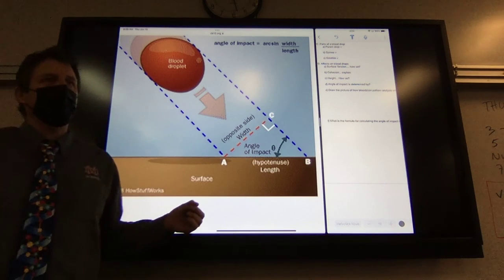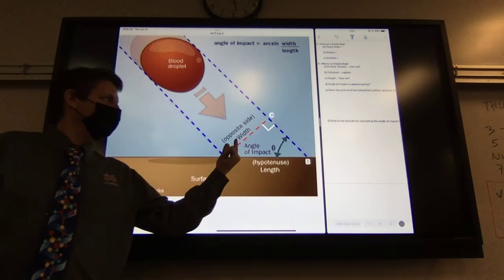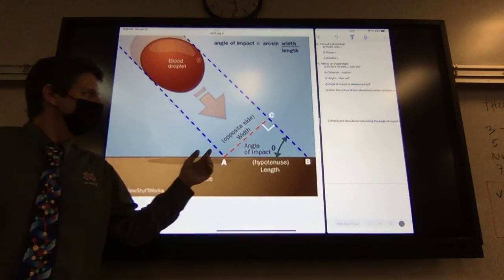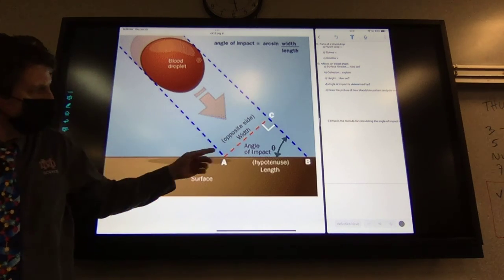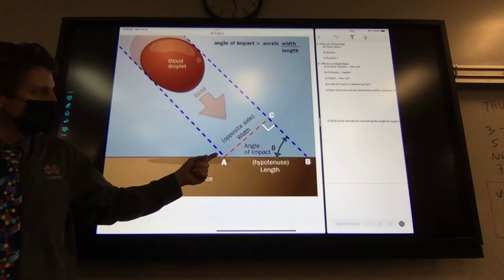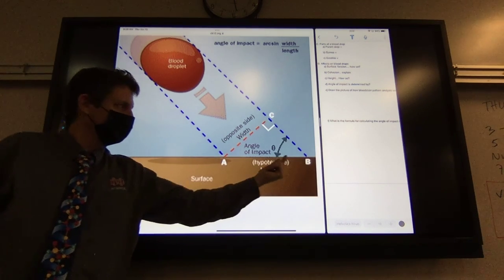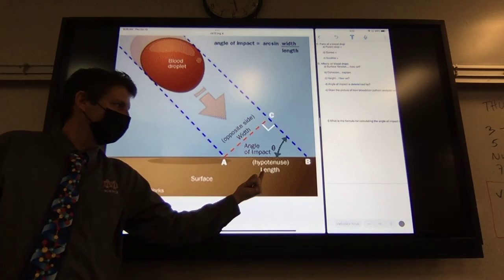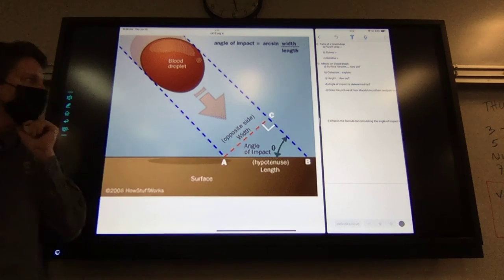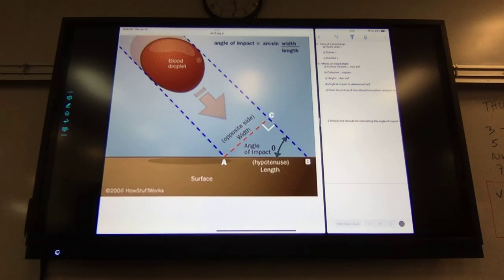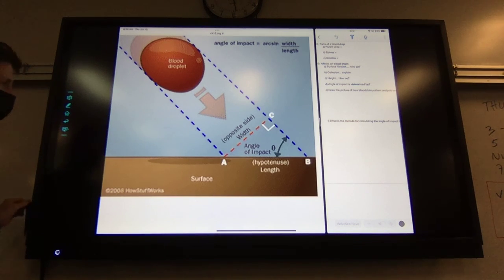So in your right triangle now, label that the width of the blood is this red side of the right triangle, and the ground is the length. I'll highlight this for you.